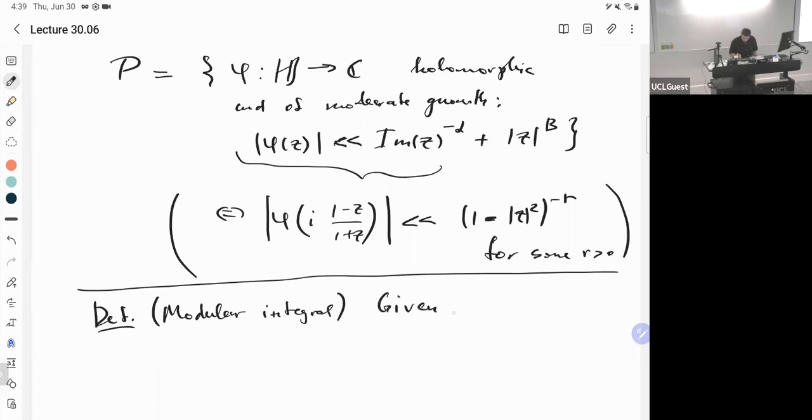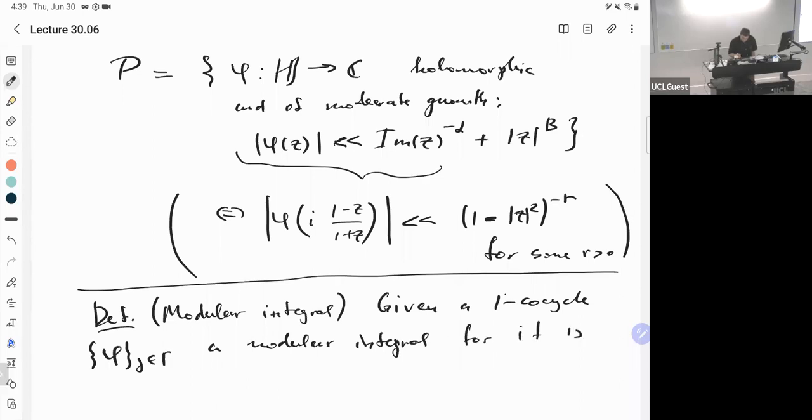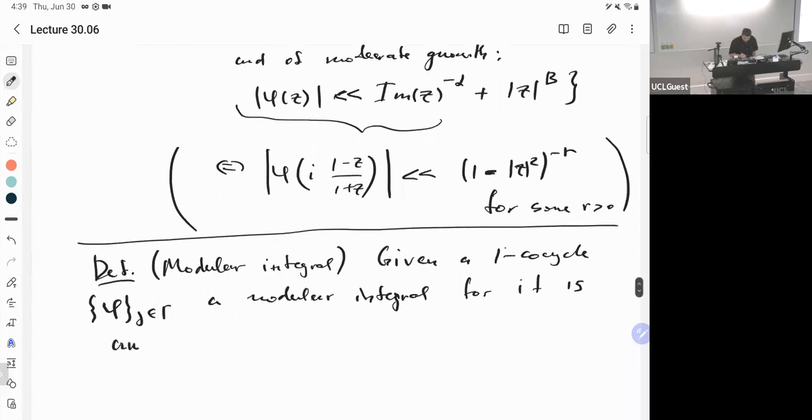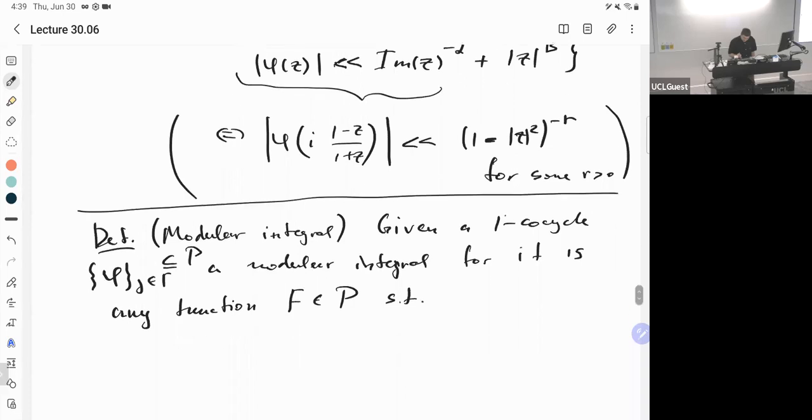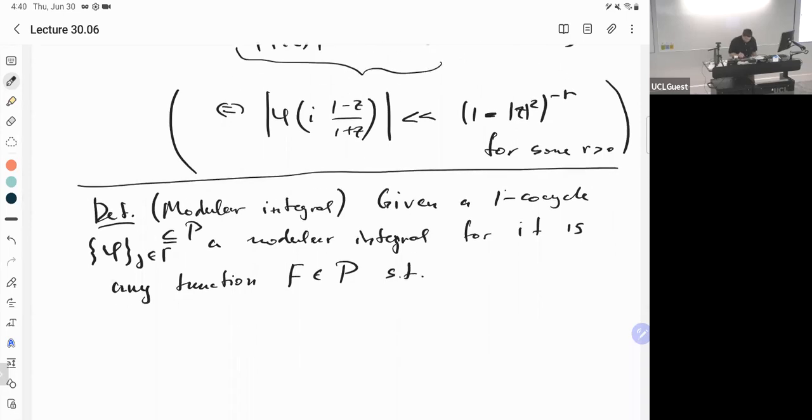Given a one cocycle phi gamma, a modular integral for it is any function f, which we also want to be in P, such that... the way we derived the condition for one cocycles was by looking at certain one cocycles of special type, and this is exactly what we want.